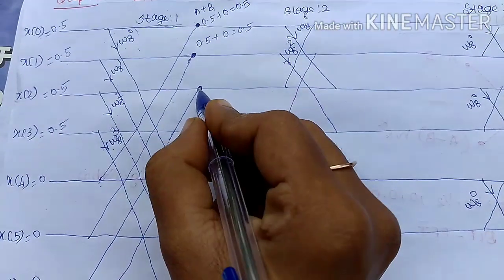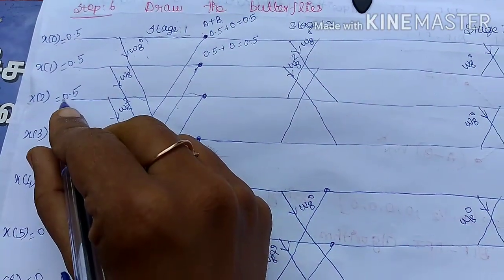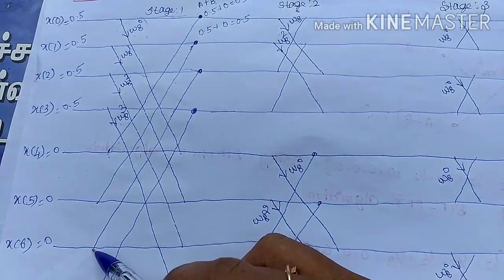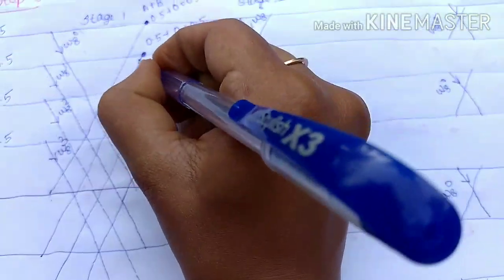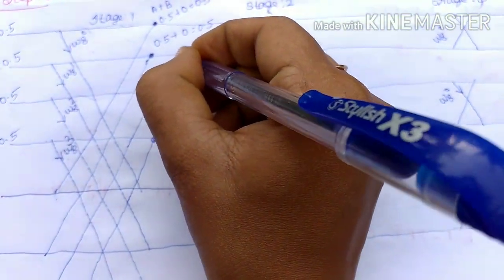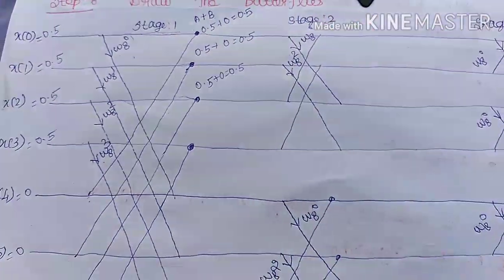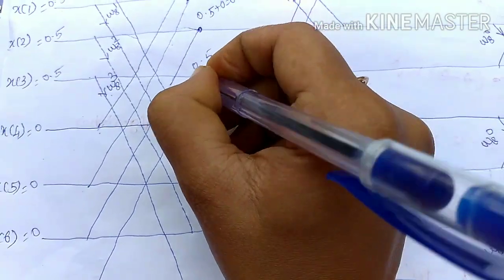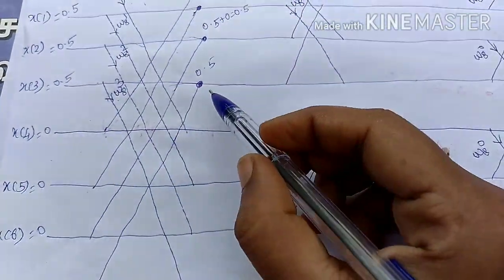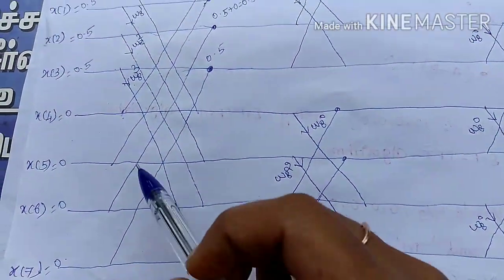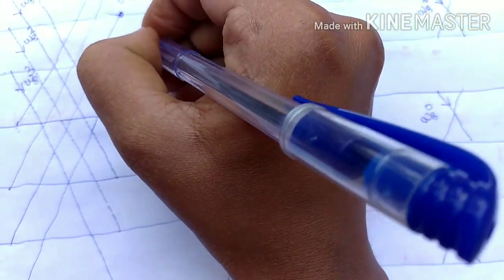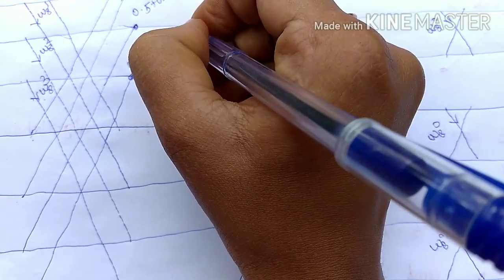This point is a connection between this line, that means A is 0.5, and this point, that means B is 0. So my answer is 0.5 plus 0 equal to 0.5. For the next point, here also this point is a connection between this line and this line. So one point is 0.5 and another point is 0. So 0.5 plus 0 equal to 0.5.